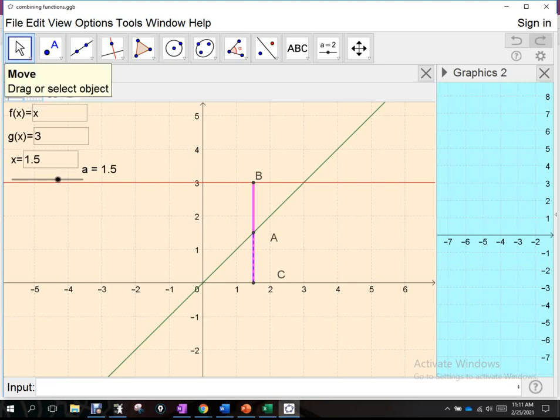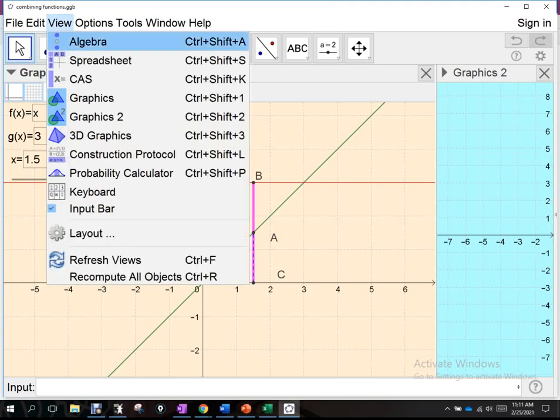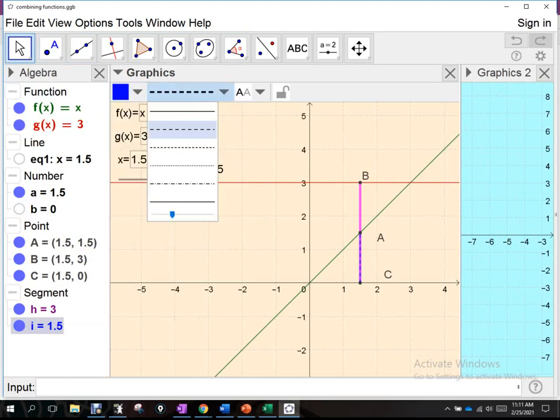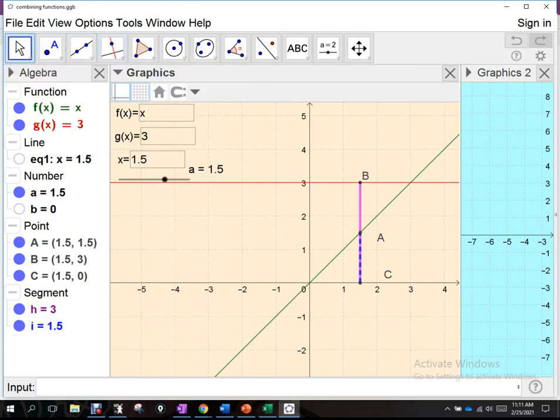Let me see if I can make that bigger. It's kind of nicer on my screen than yours. It's the blue one. All right, is that okay?